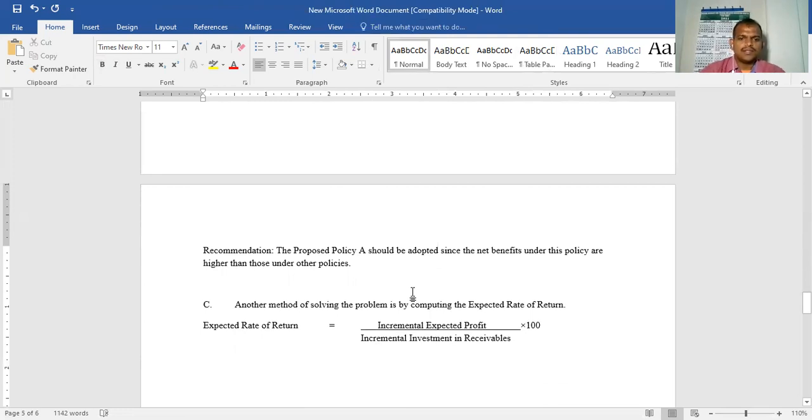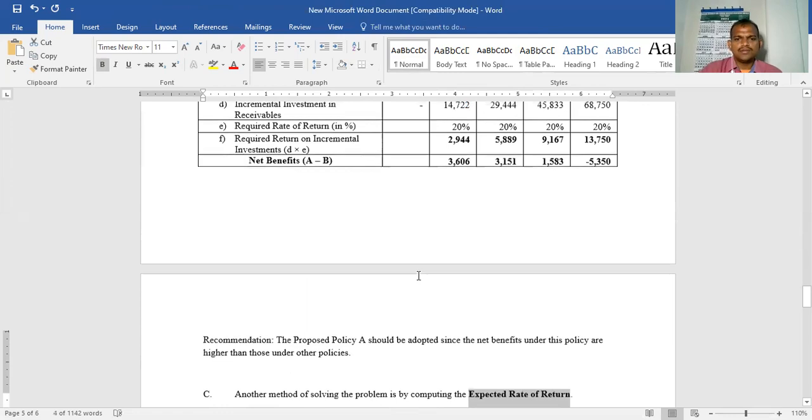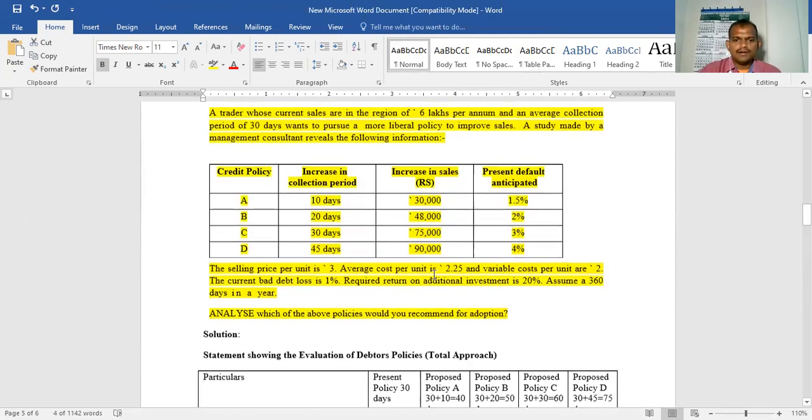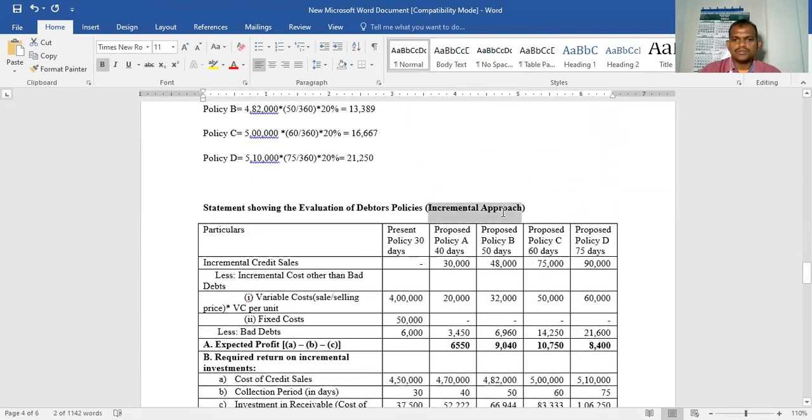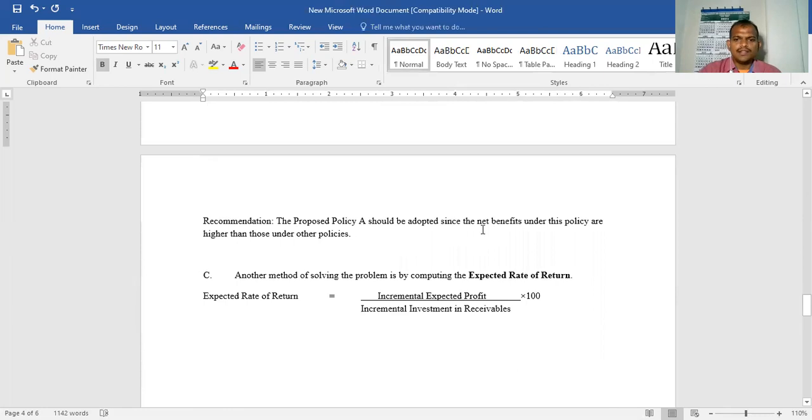So there is another method of solving the problem, by computing the expected rate of return. Okay. So we calculated through total approach and incremental approach. And there is another method called expected rate of return. By using this formula, incremental expected profit by incremental investment in receivables into 100, you can simply calculate the expected rate of return.